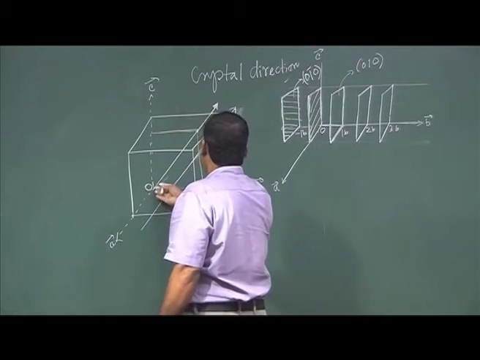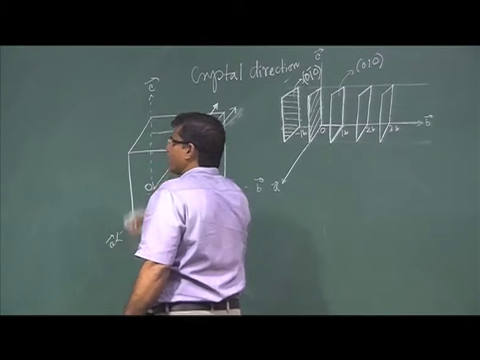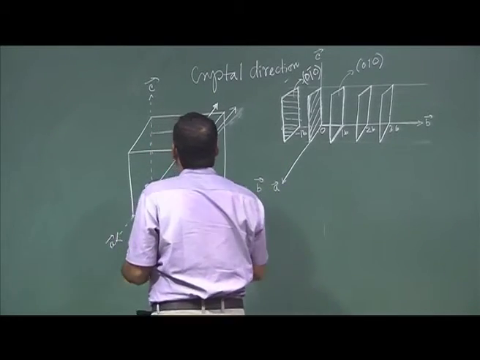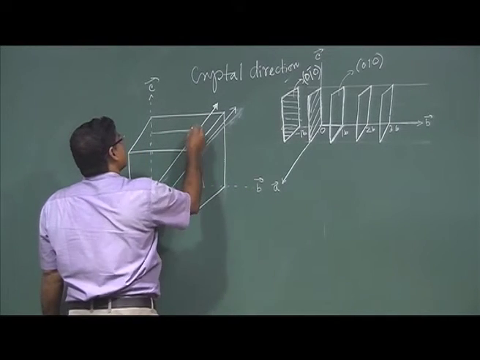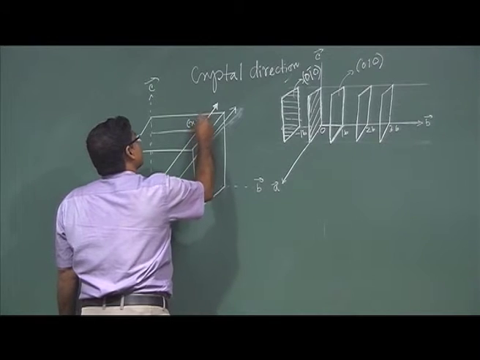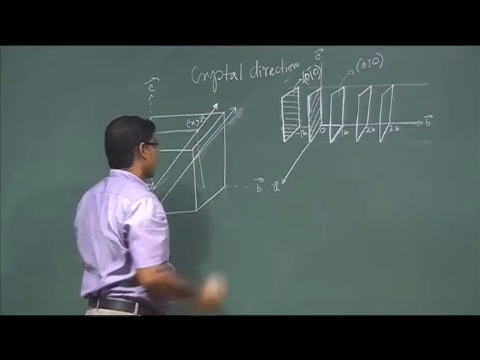If we have an x axis, y axis, z axis, they are perpendicular to each other. In that case, this point can be x y z, okay, right.